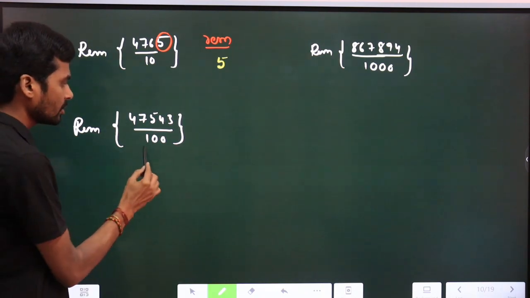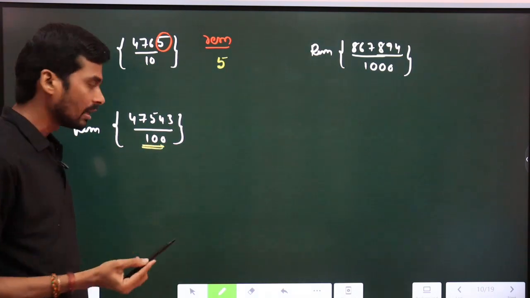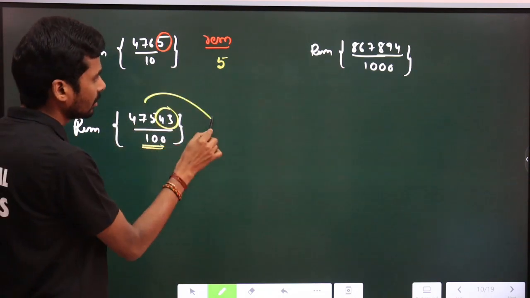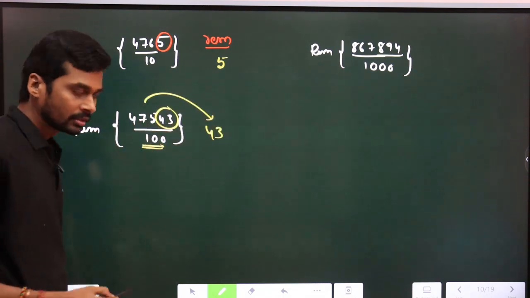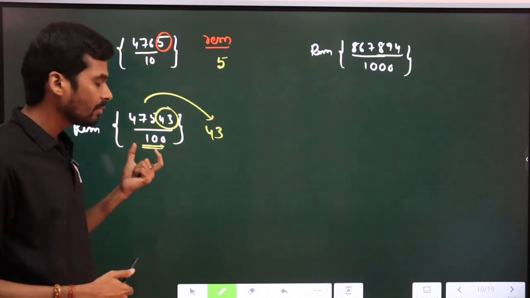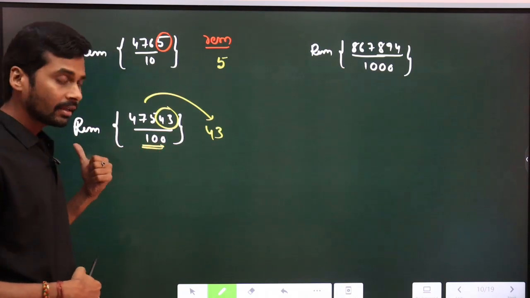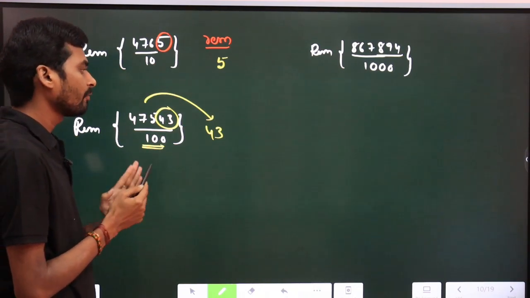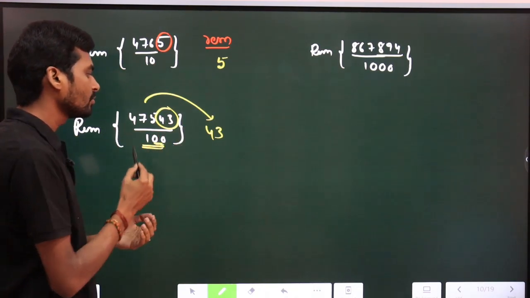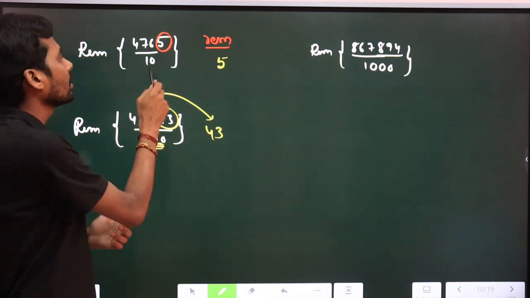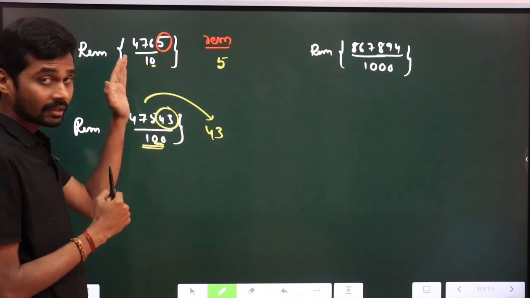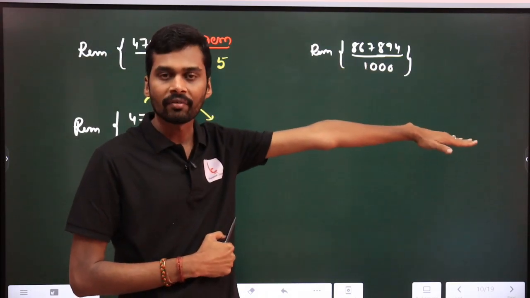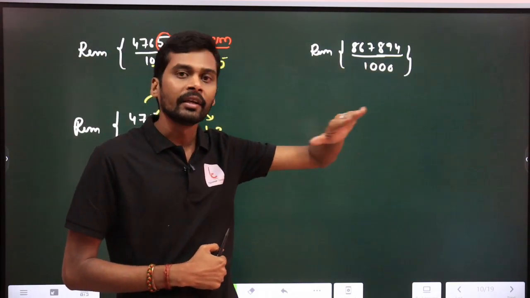Similarly, suppose you are dividing any number with 100, the remainder is the last 2 digits of the numerator, which is 43. Is it clear? So the final remainder depends on the number of zeros in the denominator part, if we have 10 multiples in the denominator.